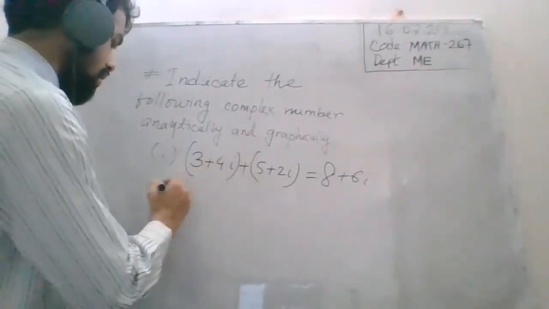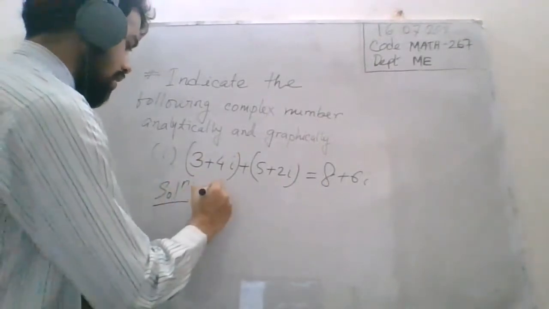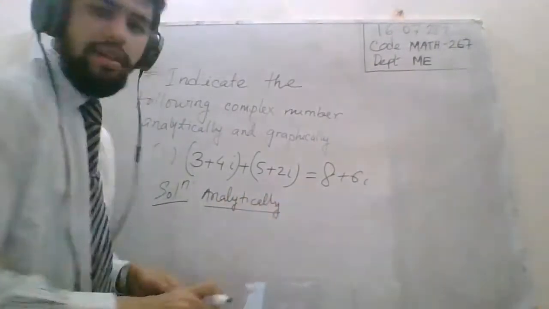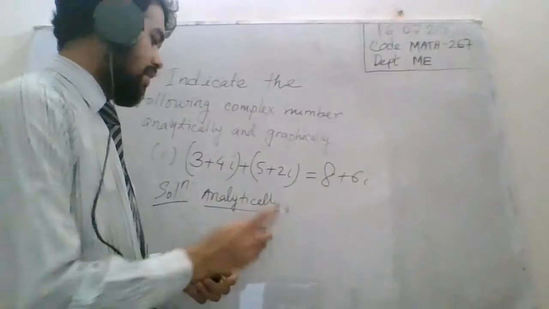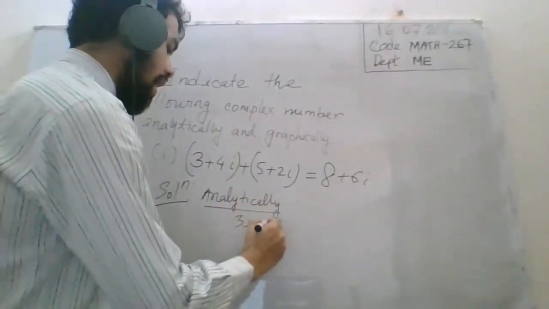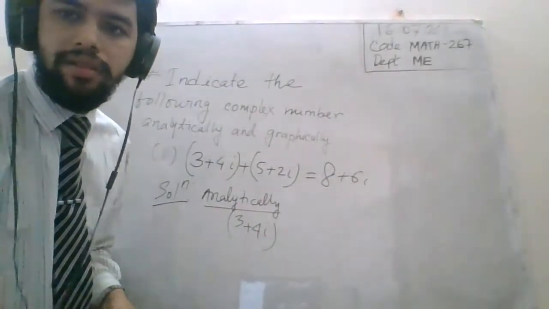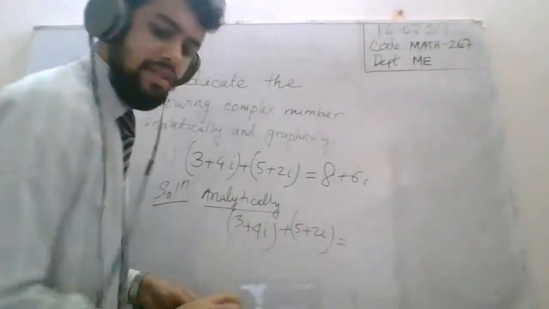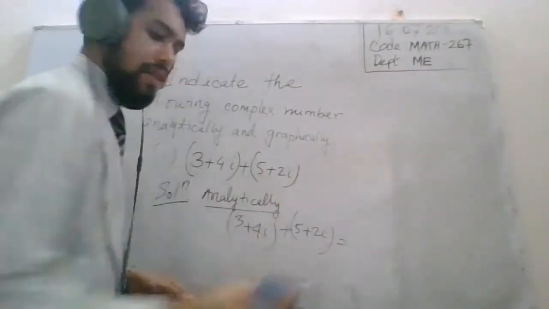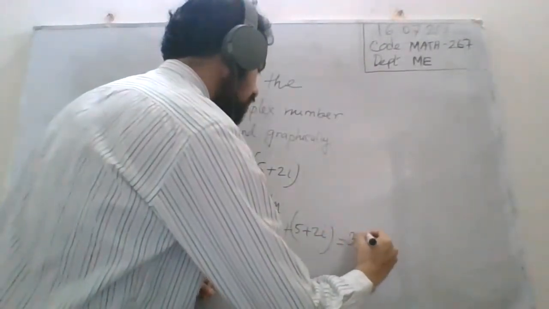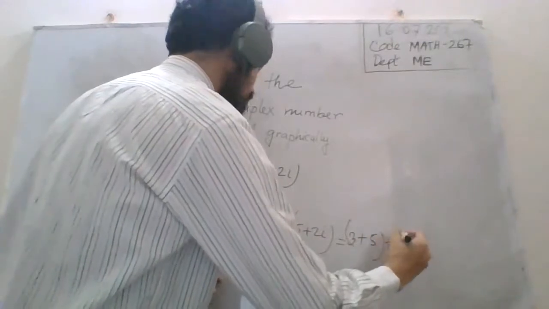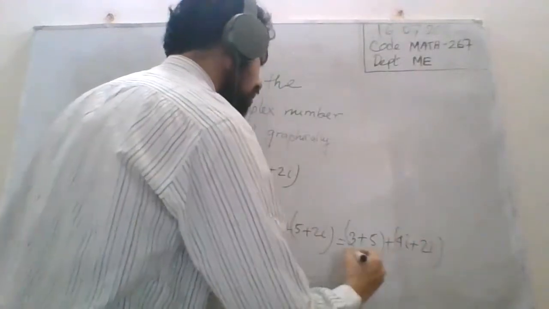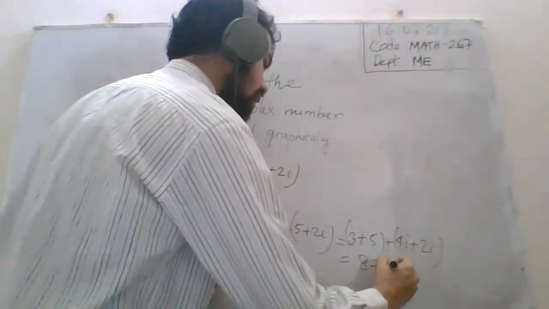Analytically, 3 plus 4i and 5 plus 2i gives 3 plus 5 plus 4i plus 2i, so you get the result 8 and 6i.